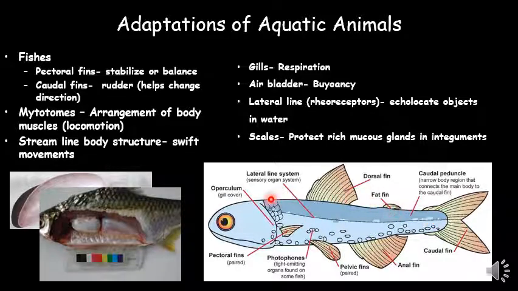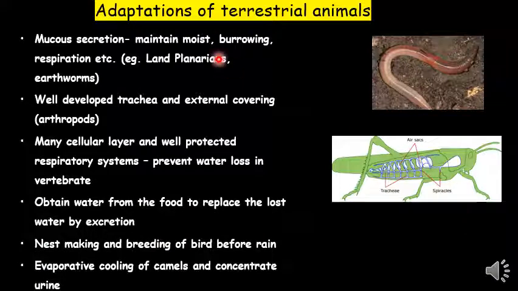Likewise, to protect itself and also to maintain osmotic pressure, a lot of mucus glands are present inside the integument, which is a hard layer protected by the scales of almost all fishes. Now, let's talk about the adaptation of terrestrial animals.